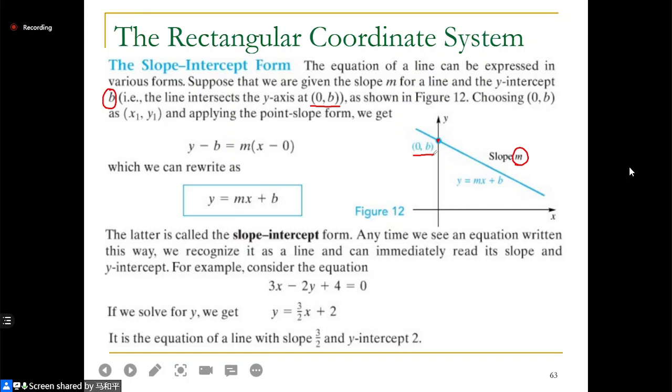And we can apply the point slope form. We know the point slope form is y minus y1 is equal to m times x minus x1. Here, x1 is 0 and y1 is b. So we get the equation.